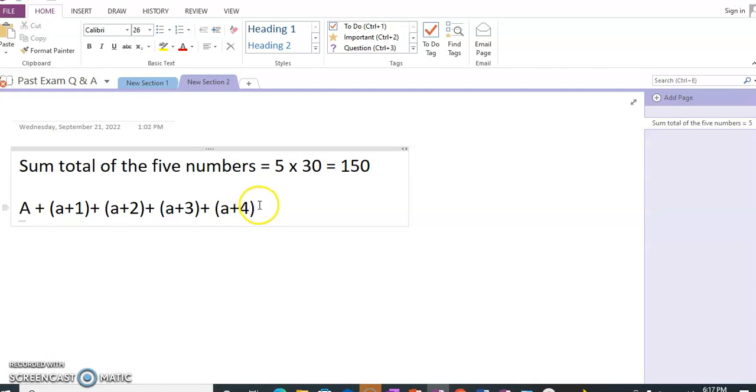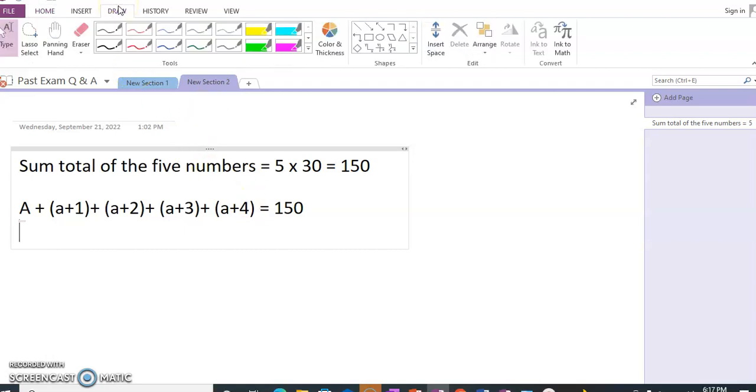The total of all this is definitely going to give us 150. Now with this we are going to establish something. We're going to find the value of this particular number, that is A, which is what we're already using. So let me quickly use the drawing tool to make it faster.